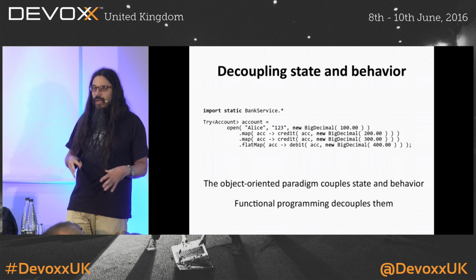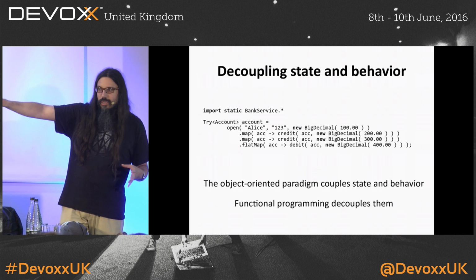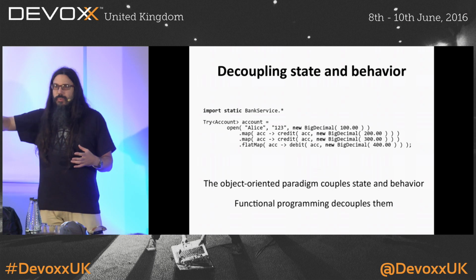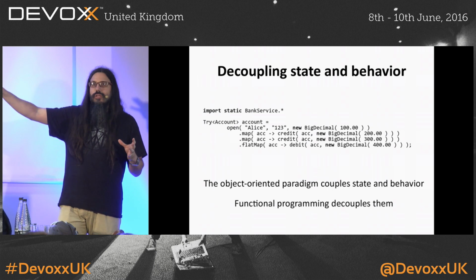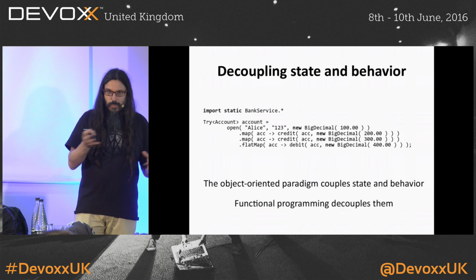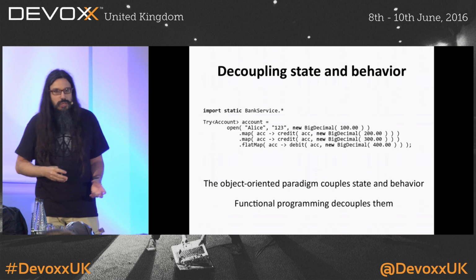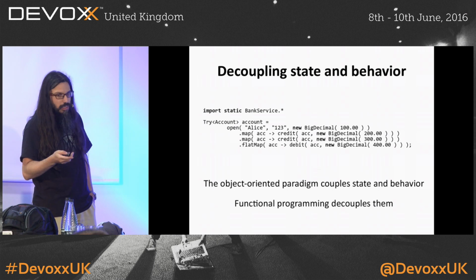Yes, I want an anemic bean in this case and put the functions somewhere else. Again, I'm not saying this is the perfect solution for all cases. I'm showing the trade-off of functional programming. Use this in your domain if you think it can give you some value.